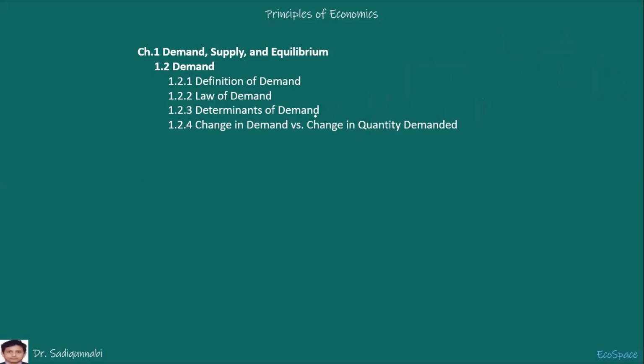Now, what is the next point? The next point is change in demand versus change in quantity demanded. Let's suppose QD is a function of Px. So we have two variables at a time, ceteris paribus.